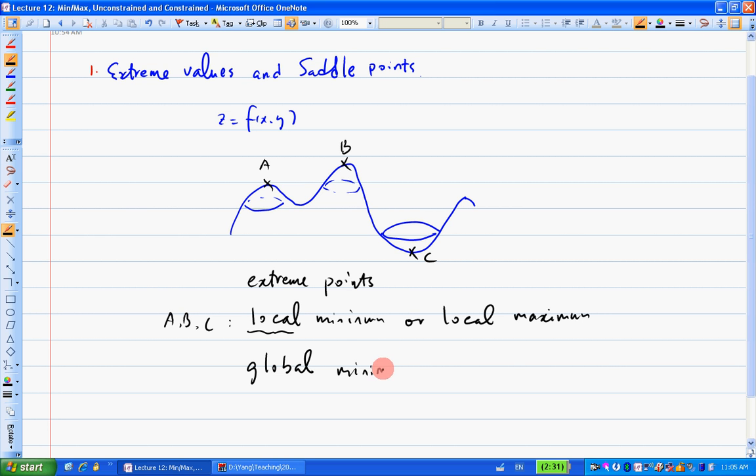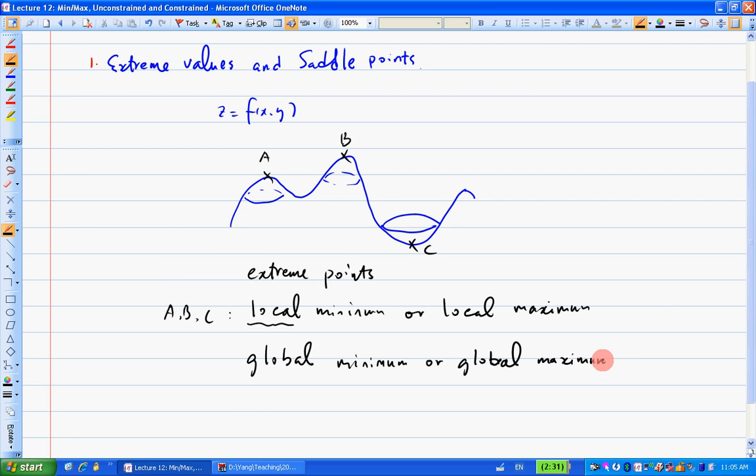Then we must have another one called global minimum or global maximum. Yeah, that could be one more local minimum there. Good point. But I guess you get the idea now.